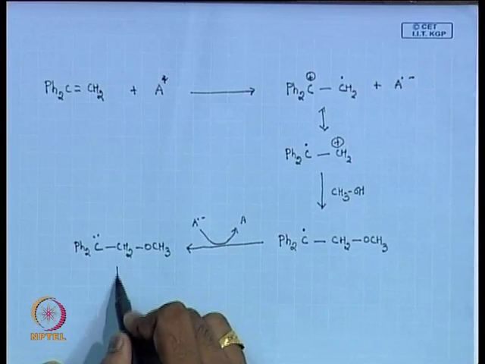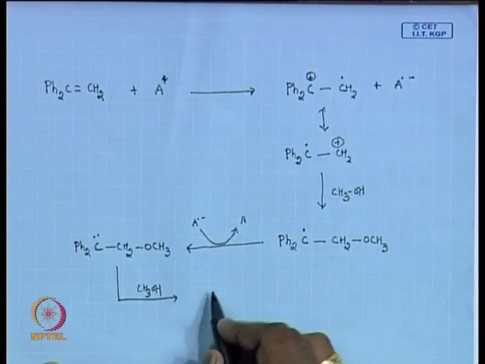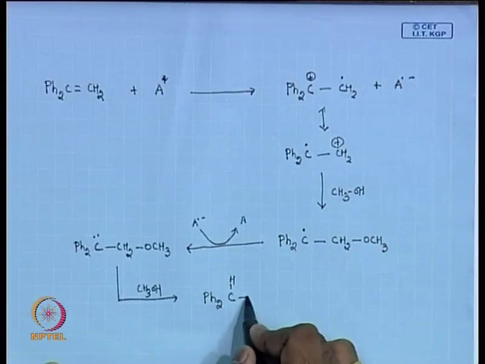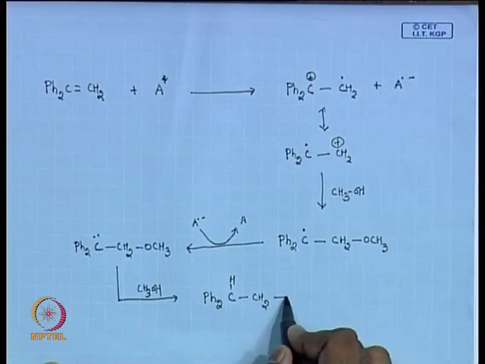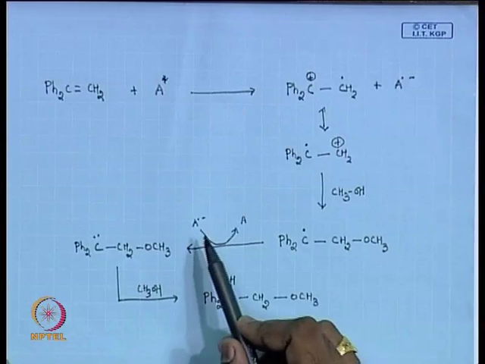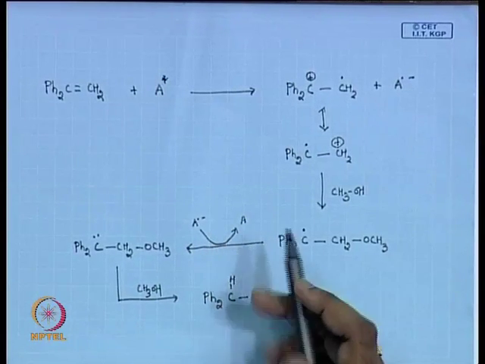This can then abstract the hydrogen from methanol. That is how, you should just know that the acceptor again comes into the picture and gives you an electron.